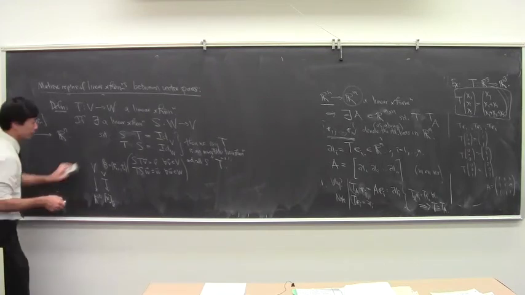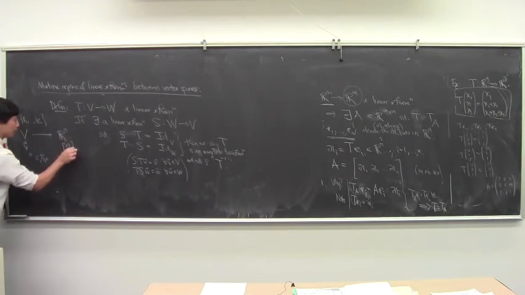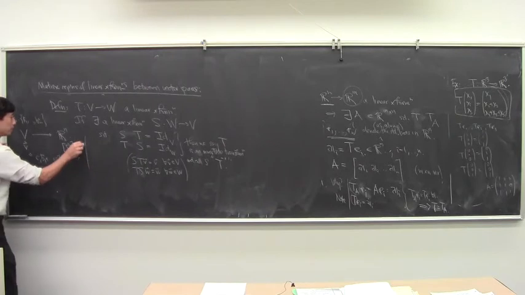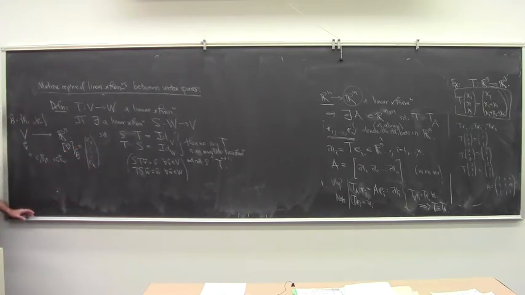You remember how to get the coordinate vector. Somebody gives you a vector here, and you express it as C1 B1 plus through Cn Bn. Then the coordinate vector of V with respect to the B basis is just those coefficients.